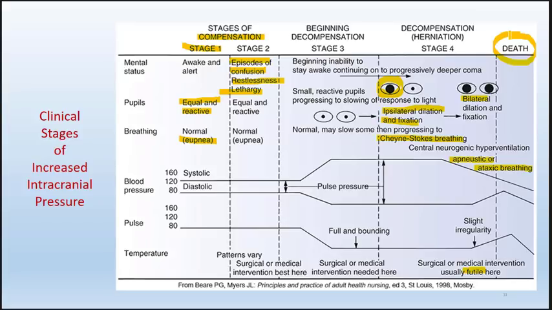There are irregular pauses, and increasing periods of apnea. And then the final point to make is that surgical or medical intervention is going to be best before or at the beginning of stage 3, needed certainly in stage 3, and then futile, or not producing any useful results, almost pointless once you get to stage 4.